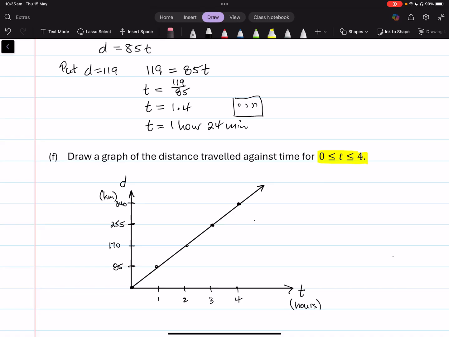It's always good to write your equation. So it's distance equals 85t. And I might just call this train travel, so we know what it is. All right, so there is a graph of distance on the y-axis traveled against time, which is on the x-axis.